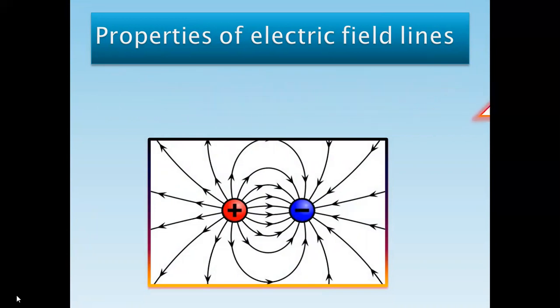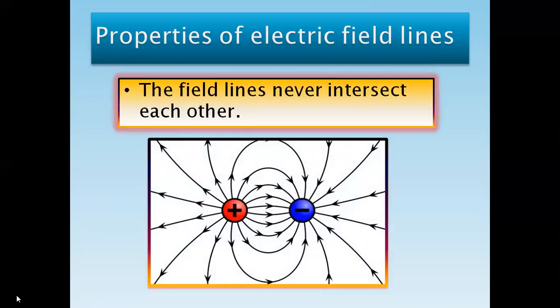Second one is electric field lines never intersect each other. That means if they cut each other at a point of intersection, there will be two tangents. This indicates that there will be two directions of electric field at the same point, which is impossible. So, two lines of force never intersect each other.